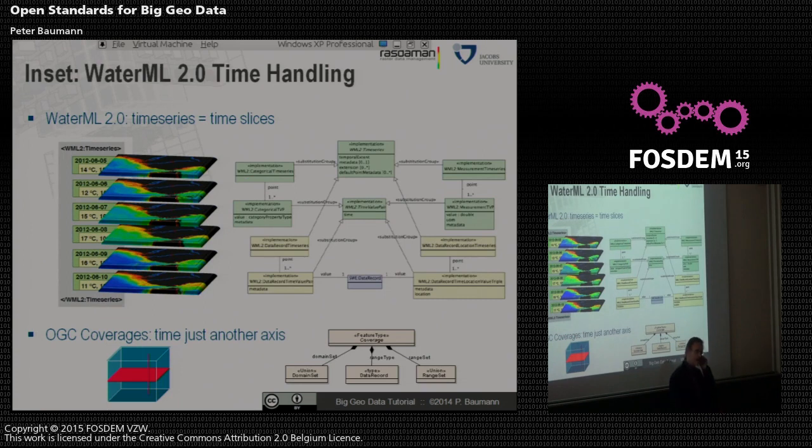A small inset: there are other standards doing that as well, and one in particular I want to mention is WaterML 2.0. They're also going into time series, however, it will not be efficient. WaterML is perfect for one-dimensional time series, so you have a series with temperature, with pressure, with whatever. If you plug in images here, you can do that and you get a three-dimensional data cube. But what happens if you do slicing? Perfectly fine.